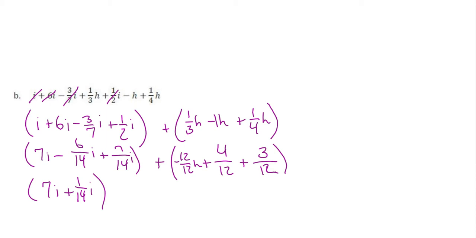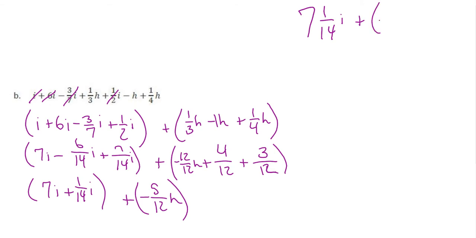A negative 8 plus 3 is going to give us a negative 5. So we should get a negative 5/12 h. All right. What are we going to get here? Correct. Our final answer should be 7 1/14 i plus a negative 5/12 h. All right, let's continue on.